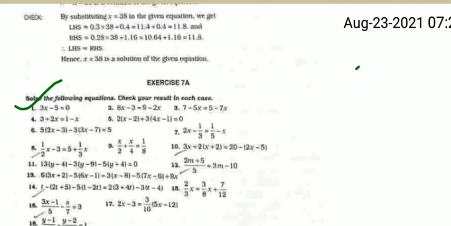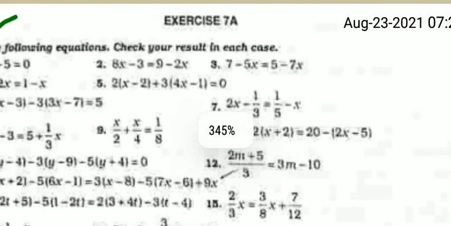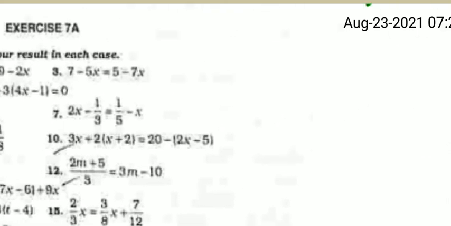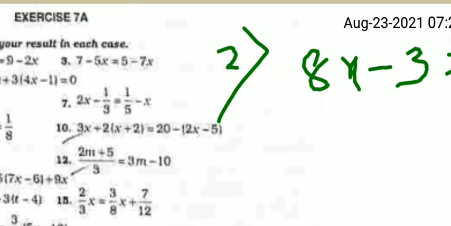Next, question number 2: 8x minus 3 equal to 9 minus 2x.